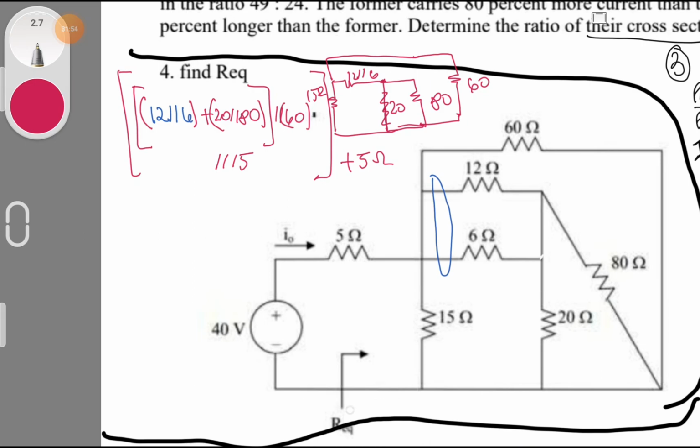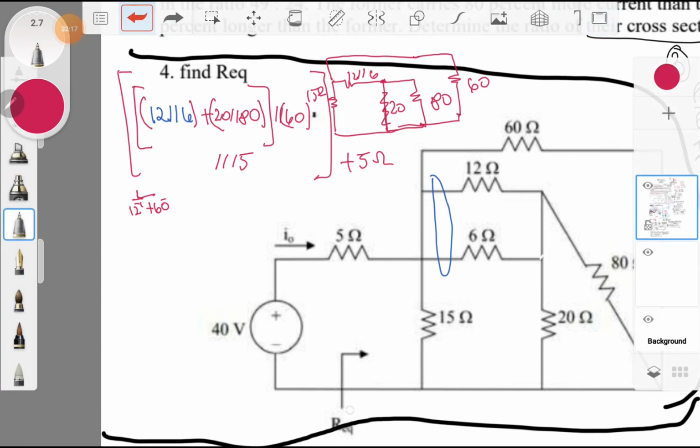So, 12 in parallel with 6 is 1 over 12 raised to negative 1 plus 6 raised to negative 1, is 4. 6 I should say, sorry.